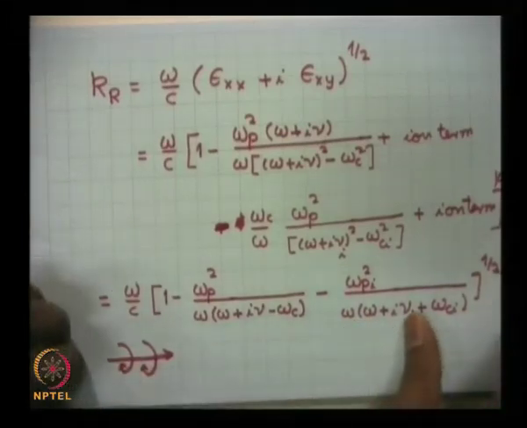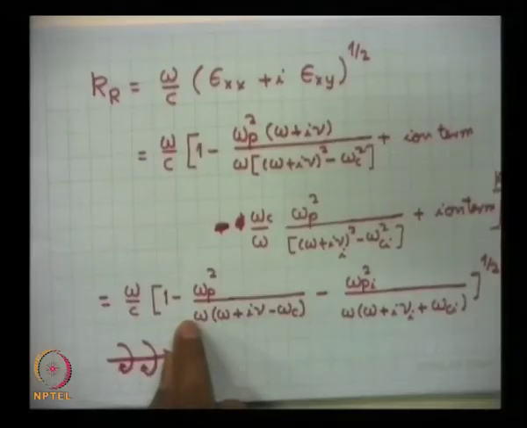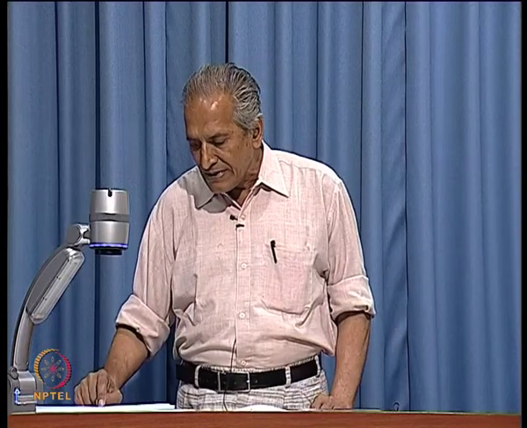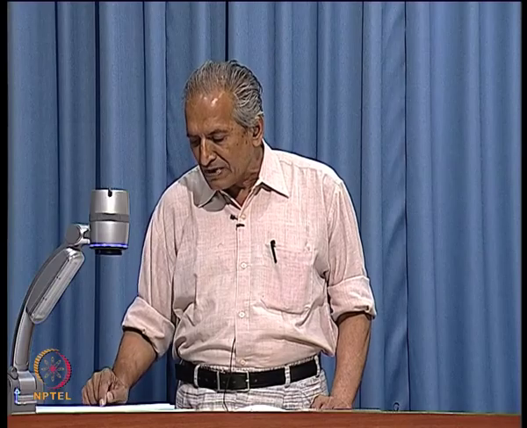One thing more. We had seen earlier, when we were talking about wave propagation in unmagnetized plasmas, that a wave can travel only when omega is bigger than omega p. However, here, because of the presence of omega c, this term can change sign when omega is less than omega c.